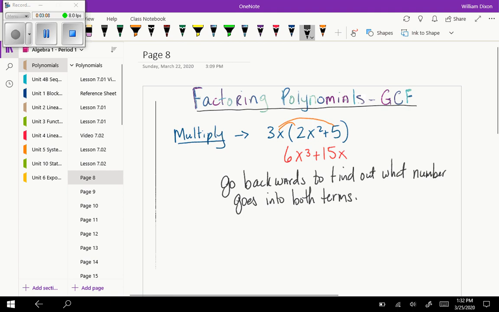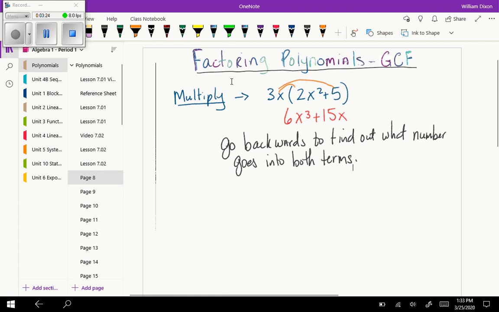What can I divide into both terms? What number can I divide into both terms? But what is the biggest number that I can divide into both those terms? Because that's going to be the greatest common factor. So I'm going to move this down a little bit. All right, there we go.